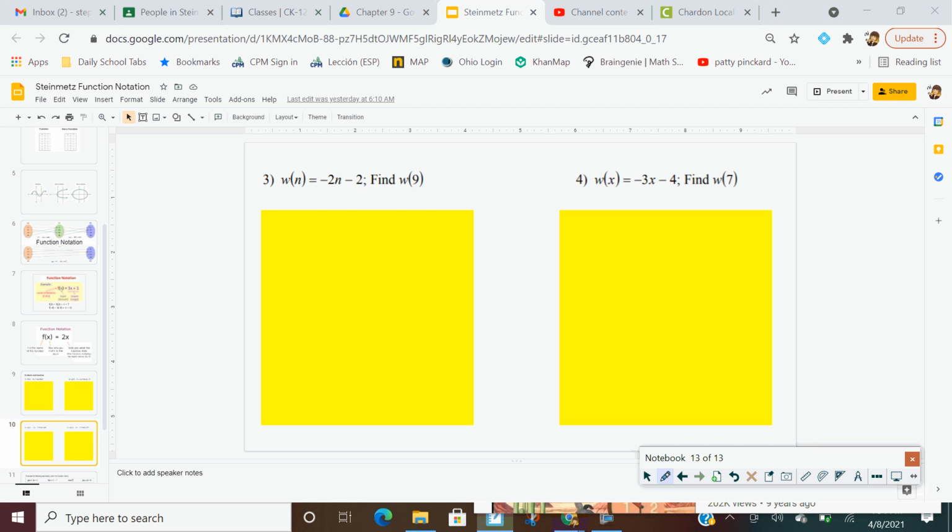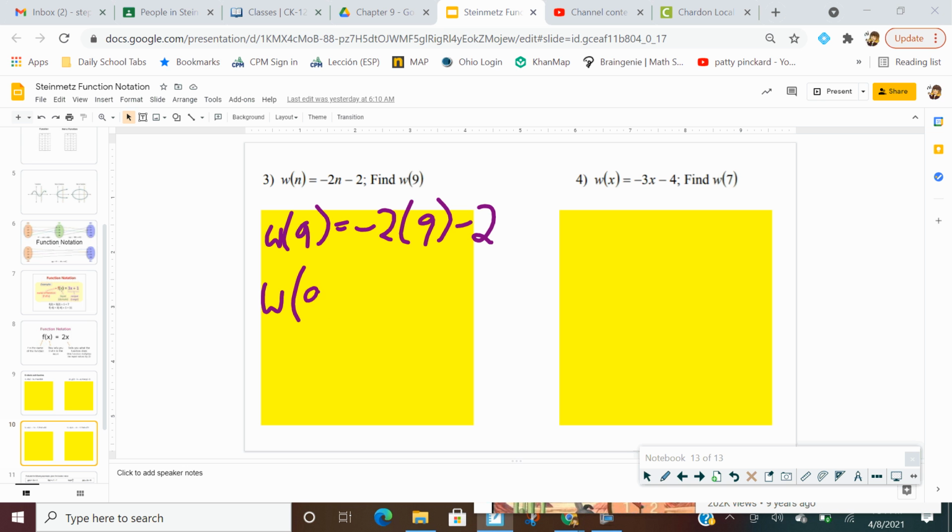Problem 3, w of n equals negative 2n minus 2. Find w of 9. So for w of 9, we replace n with 9. So I get negative 2 times 9 minus 2. Negative 18 minus 2 is negative 20. So w of 9 equals negative 20.